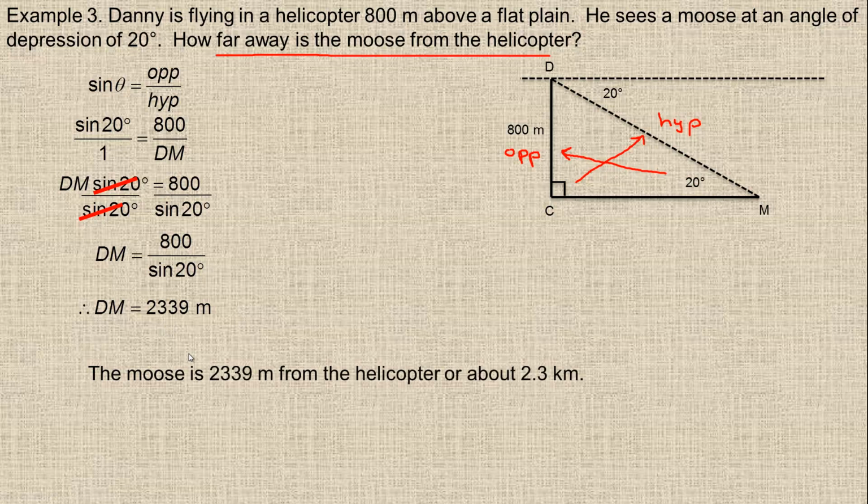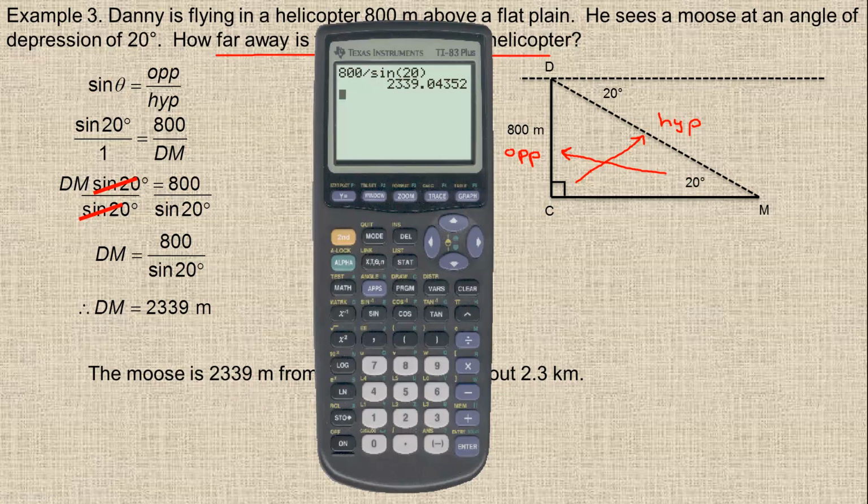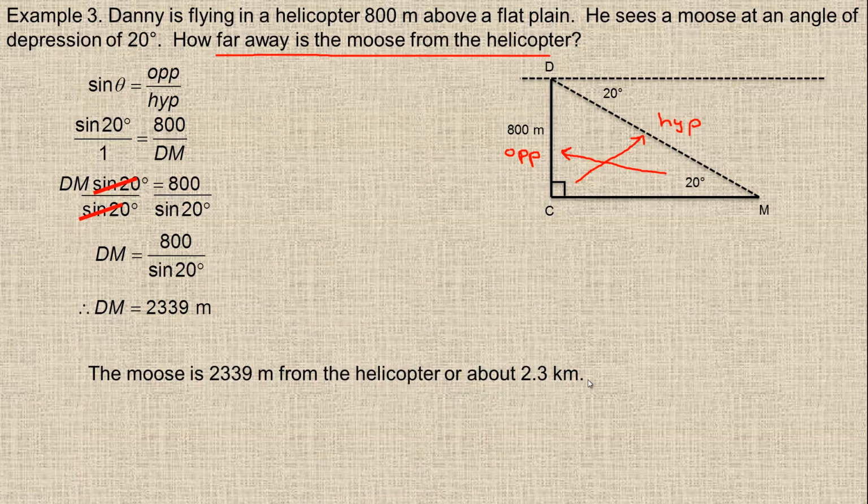So the moose is about 2,339 meters from him, or about 2.3 kilometers. Remember, we convert from meters to kilometers by dividing by 1,000, because there's 1,000 meters in a kilometer. So he's about 2.3 kilometers from the moose. So that's where the 2.3 comes from. And that's the end of the tutorial.